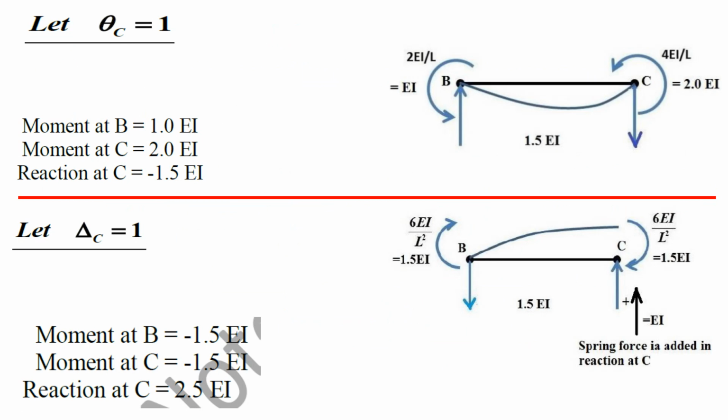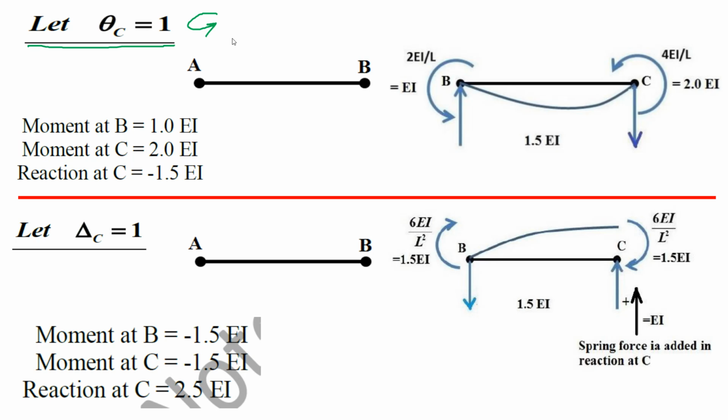Similarly, the second unit displacement figure is theta C equal to 1. Give the unit positive rotation at point C. Positive means anti-clockwise again. Now since we have to rotate joint C, C is the end joint of the beam. When you rotate joint C, there is no effect of this rotation on the AB member.